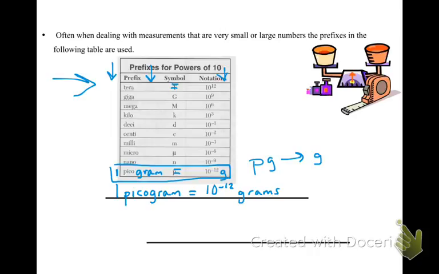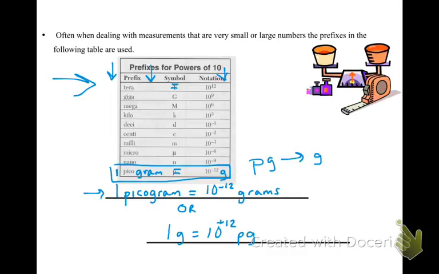Okay, so we place a 1 in front of the prefix, we place the base unit after the prefix, we've got an equal sign, and we place the base unit again after the notation. Now, you could write it the way that we just wrote it, or you could actually change the notation and write 1 gram equals 10 to the positive 12 picograms. So you could get it directly off of the reference table itself, or you notice what we did here was we just flipped it.